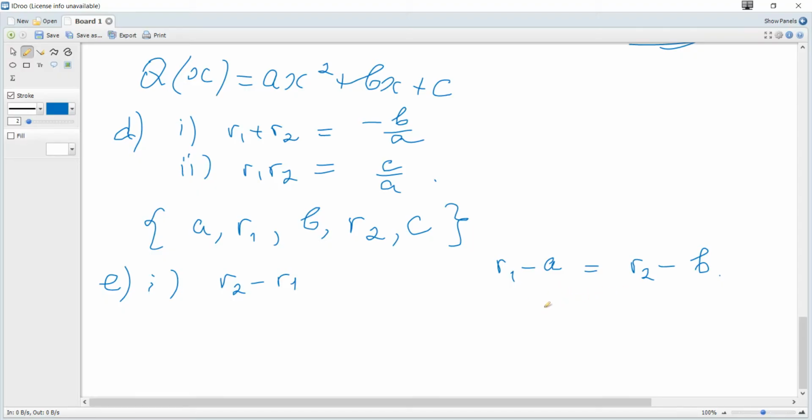And hence R2 minus R1 is B minus A. R2 minus R1 is B over A.